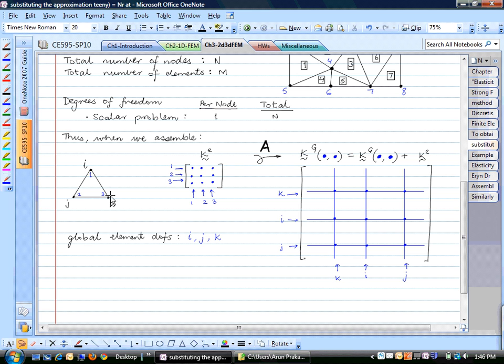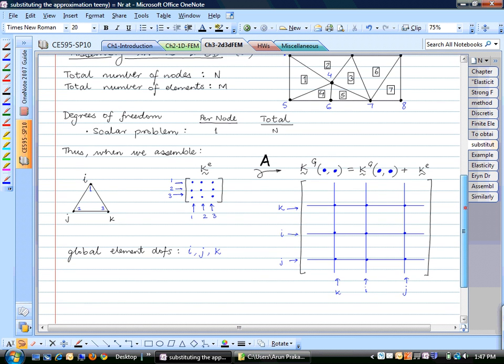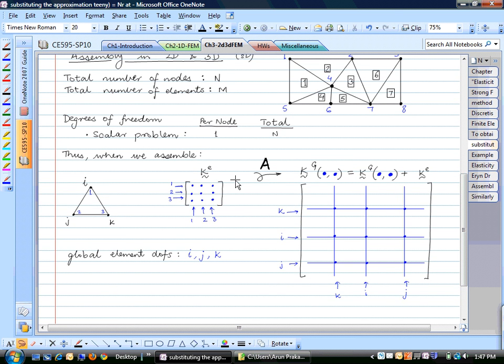For example, if you consider some element E, which has global node numbers I, J, K, and local degrees of freedom 1, 2, 3, then the local stiffness matrix is going to turn out to be a 3 cross 3. Since there are 3 nodes, you will have a 3 cross 3 local stiffness matrix.